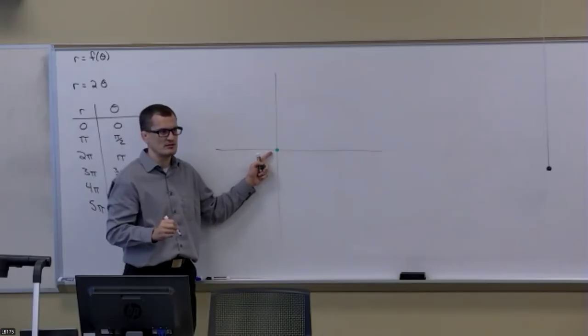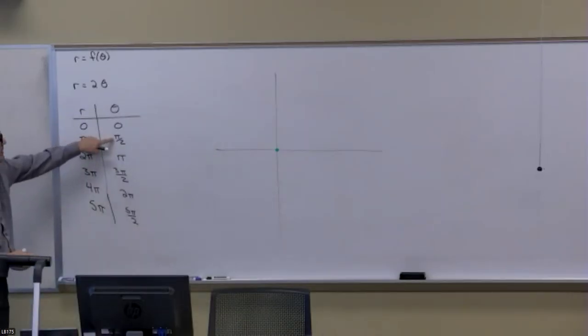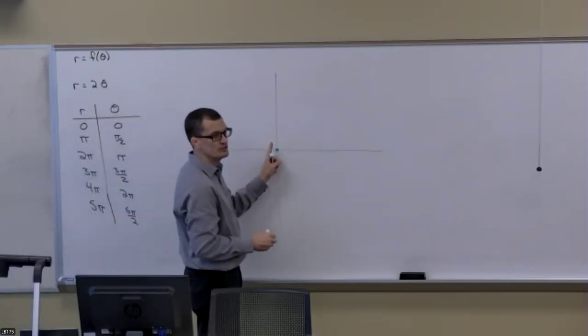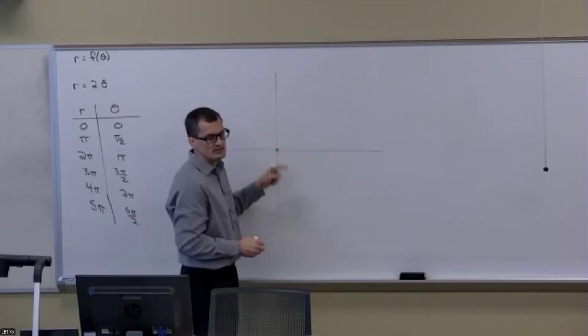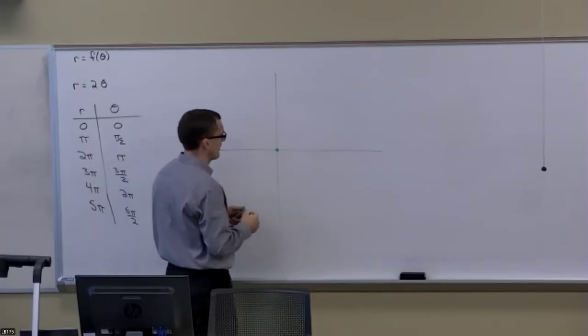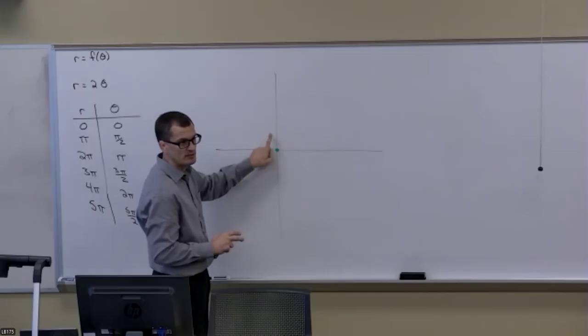Same as in rectangular coordinates. Then let's go to angle pi over 2. If we're at angle pi over 2, we're pointing up. We're going to be pi units away from the origin when our angle is pointing up.